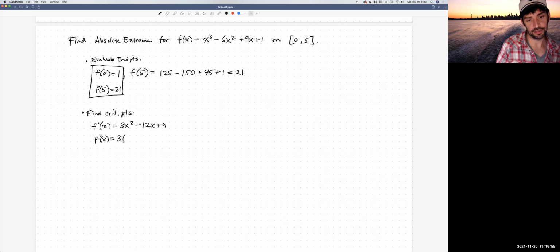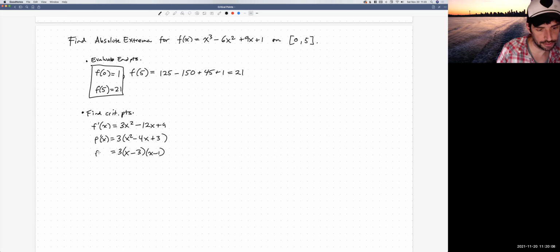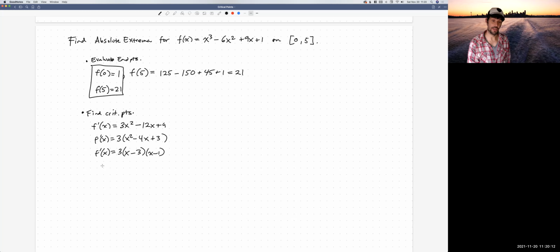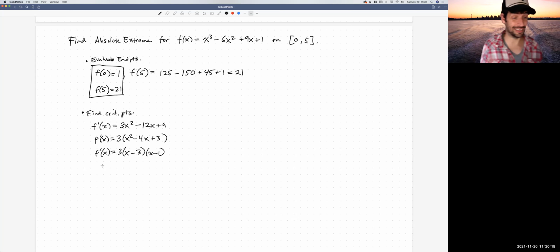We can factor this to be 3 times x squared minus 4x plus 3, which we can factor again to be 3 times x minus 3, x minus 1. So this is equal to, well, first of all, it's a polynomial. Polynomials are defined everywhere, so there's no places where the derivative doesn't exist. So we're looking for the zeros.